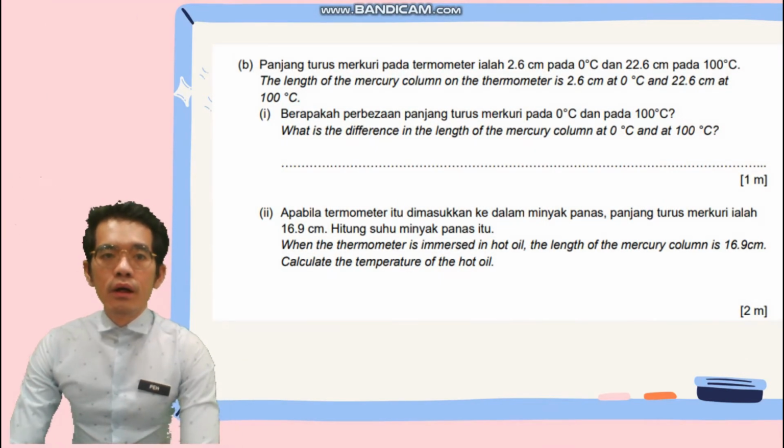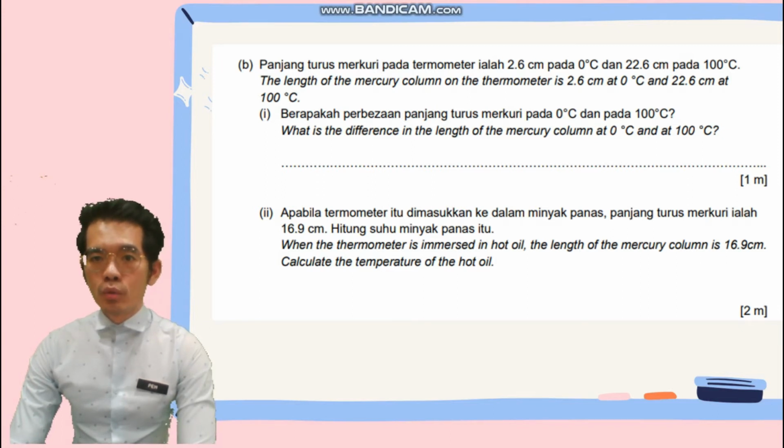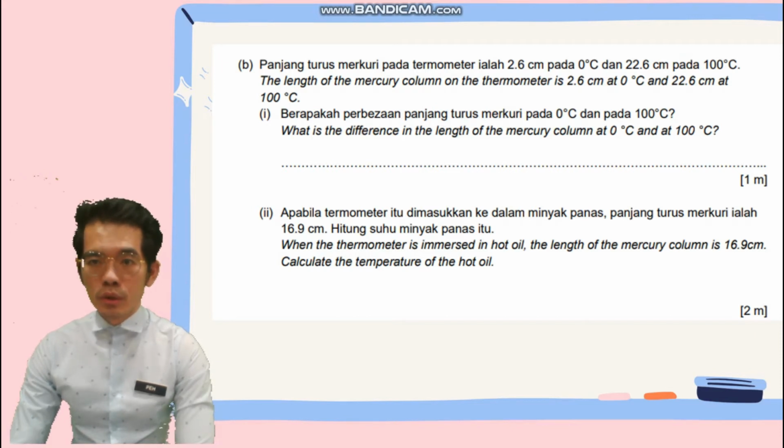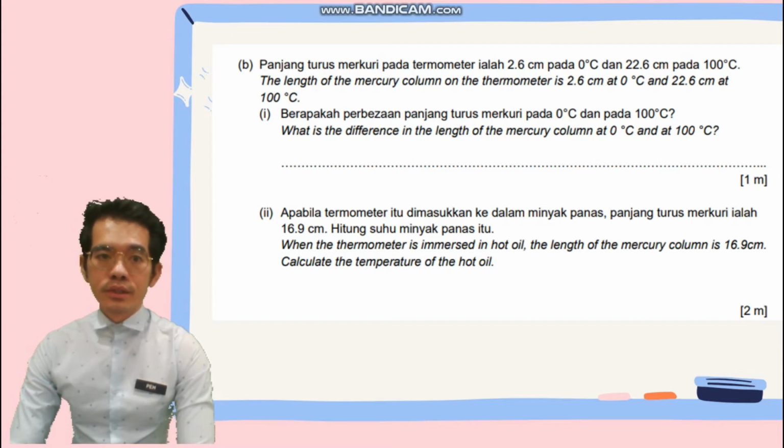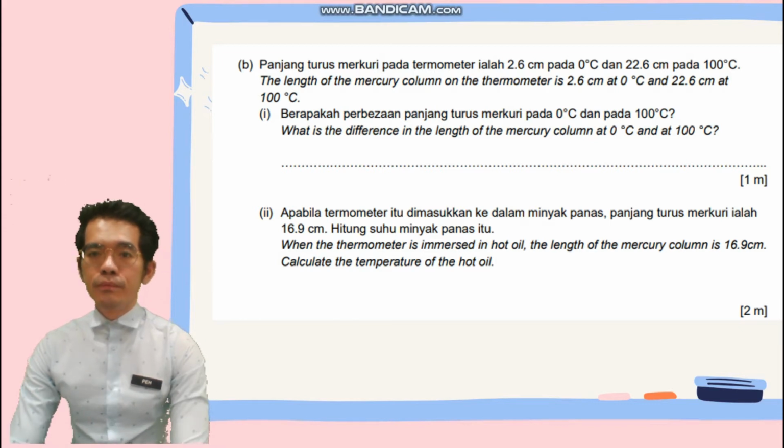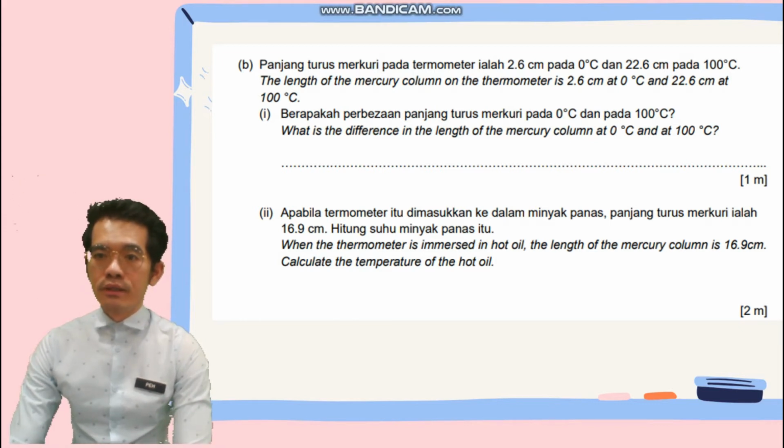B1, the length of mercury column on the thermometer is 2.6 cm at 0 degrees Celsius, so that is the ice point, and 22.6 cm at 100 degrees Celsius is the length of the column at steam point. What is the difference in the length of mercury column at 0 degrees Celsius and 100 degrees Celsius?